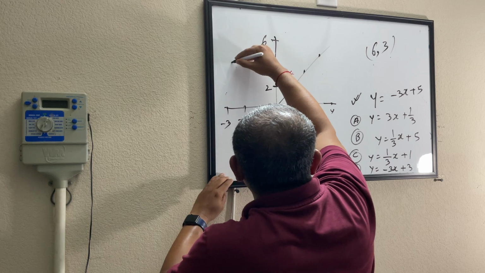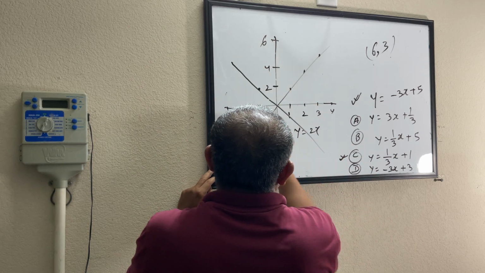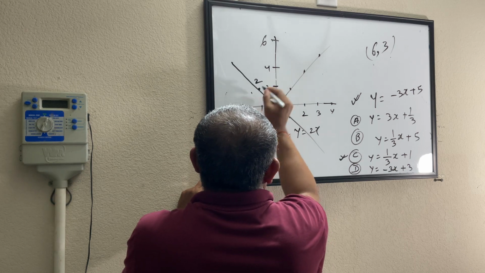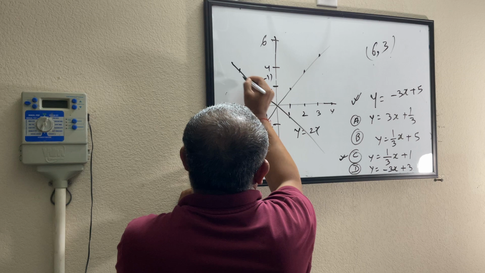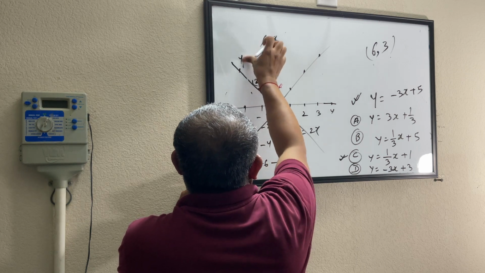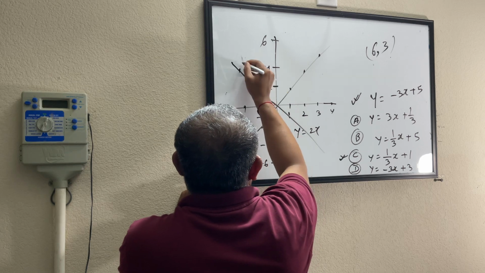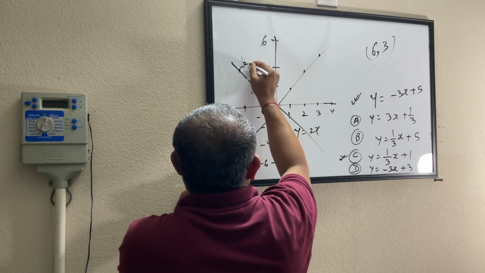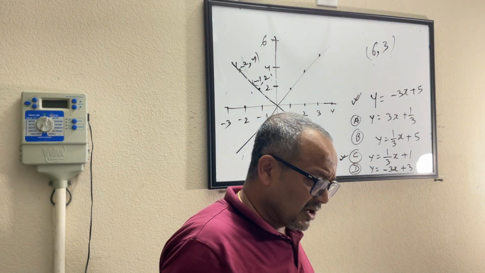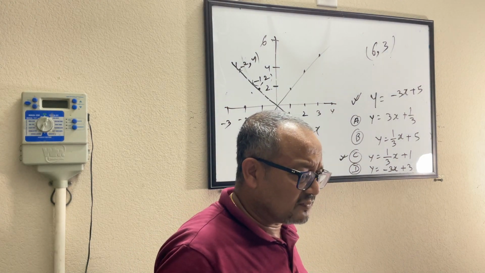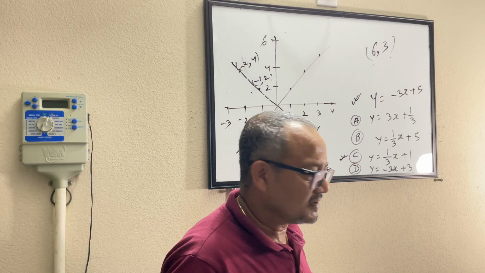Okay? So y equals 2x. If I am talking about a line perpendicular to this, you will see that when y is 2, x is minus 1. When y is 4, x is minus 2. Am I making sense so far, or am I getting you guys more confused? You're making sense, sir. Okay.